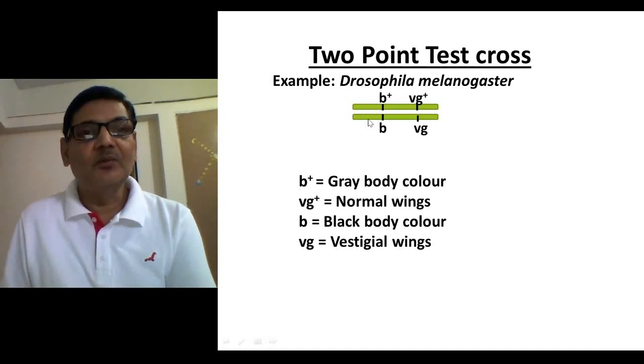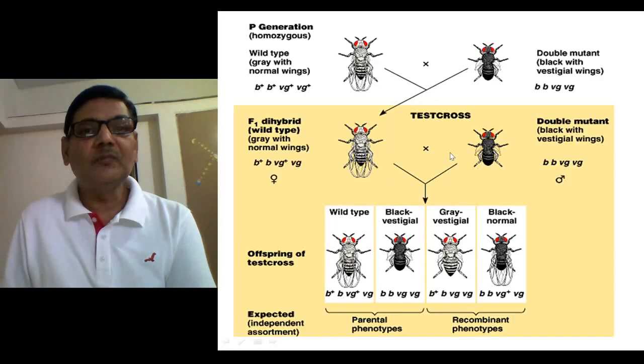And the 4th situation will be that if crossing over occurs here, the other recombinant type will be B and Vg plus. So that will combine with B and Vg, and you will have flies with black body color and long wing. So these two are recombinant types.